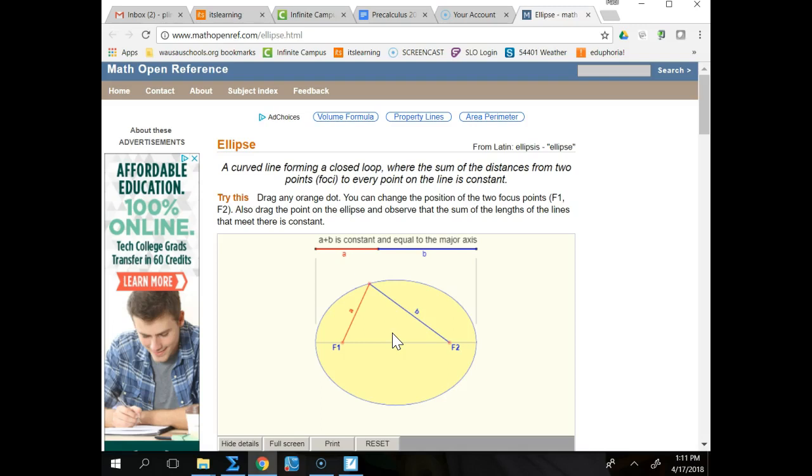So we have more parts to an ellipse than we had in a parabola, than we had in a circle.